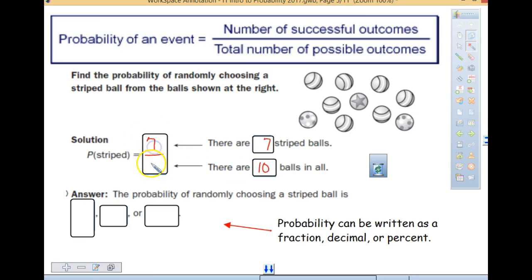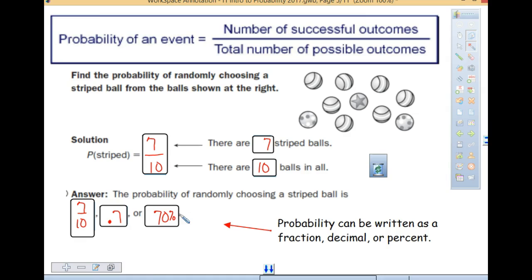So when we write our probability, we want to keep it as a fraction always in simplest form. In this case, I'm going to have the 7/10, or a decimal, which is 0.7, or I can have the 70%. If I do not specify when we take this test, I don't care which way you put it. If I tell you to put it as a decimal, then make sure you put it that way.